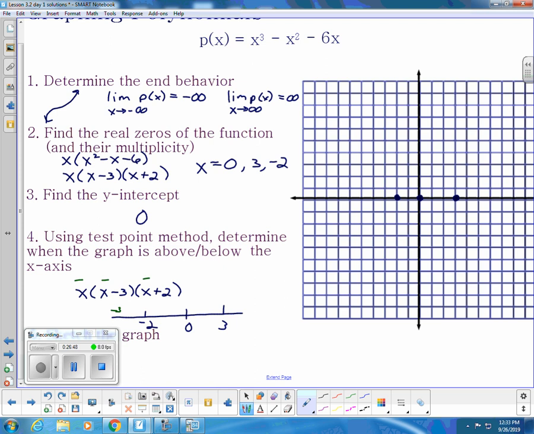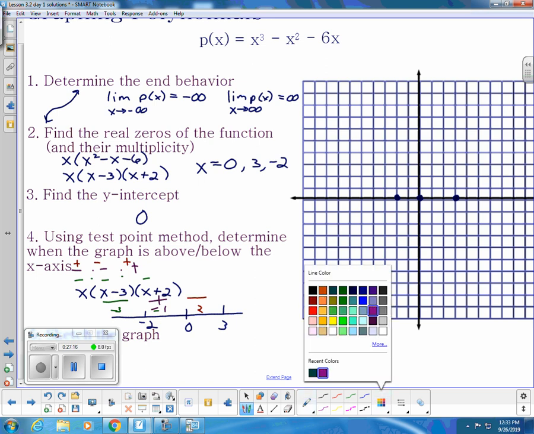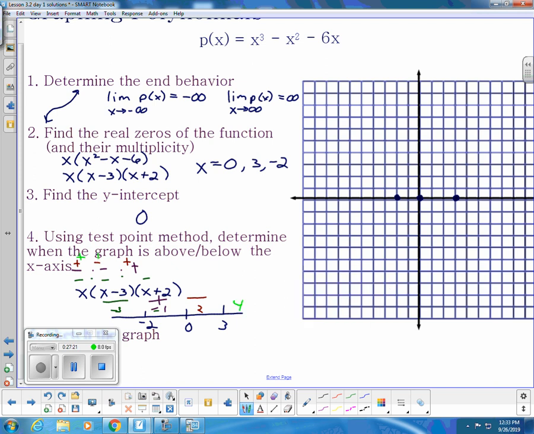Is that a positive or negative section? Negative. If I put in negative 1, I would have a negative here, but a positive here, so that would make it a positive section. If I put in 2, I would have positive, negative, positive, so that would make a negative. And if I put in, I don't know, 4, I'm going to get 3 positives.